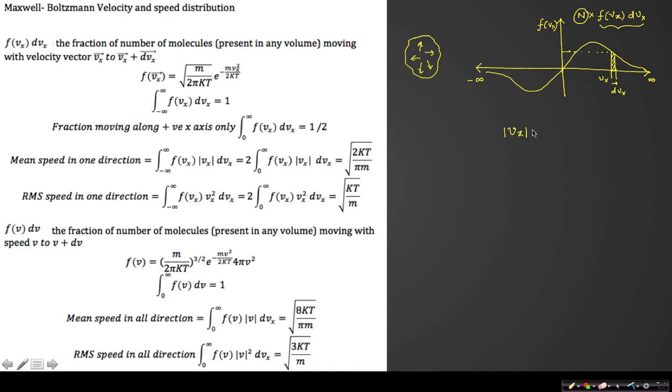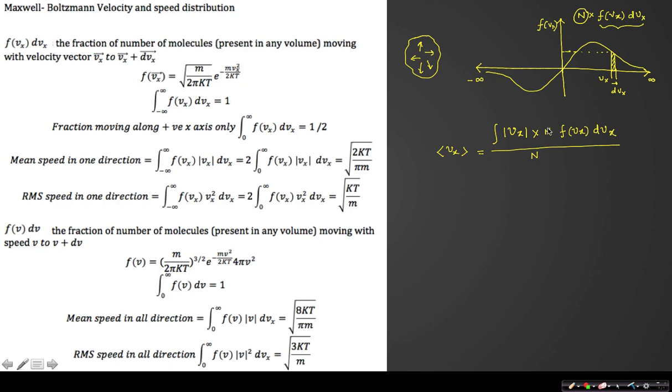If I multiply this by the speed Vx, integrate it, and divide by the total number of gas molecules present, then I should find the average value of the x-axis speed of the gas molecules.